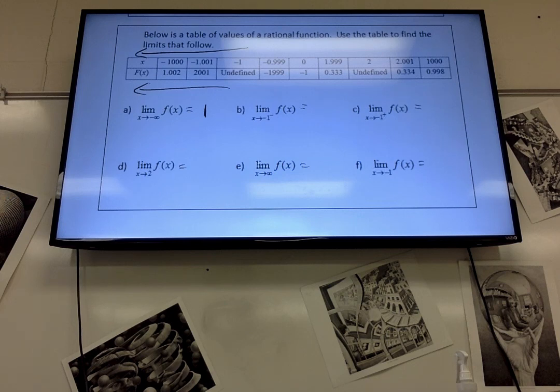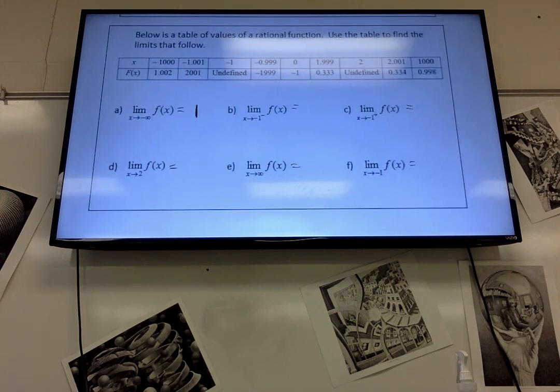Okay, as x approaches negative 1 from which way? Left. The left. So as I approach it from this way, now I know y ends up equaling undefined, but what is it doing in the meantime? Infinity? Yeah, it's going up forever and ever.